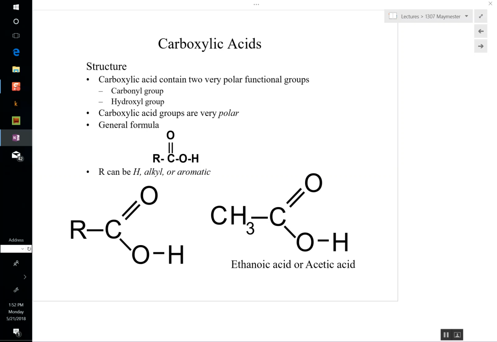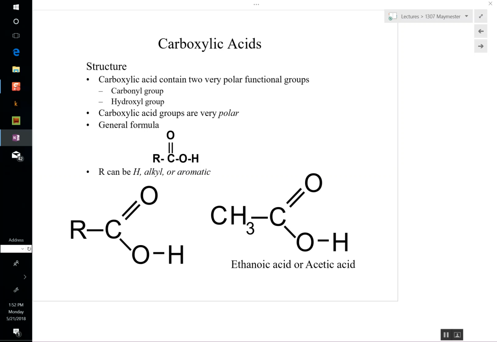This is a common name. Here is the IUPAC name, and you should pick that out. Eth means 2 carbons. We've got 2 carbons on there, so it's eth instead of ethane: ethanoic acid.